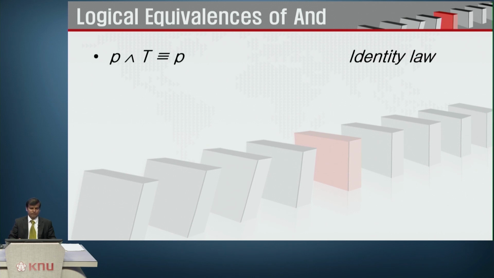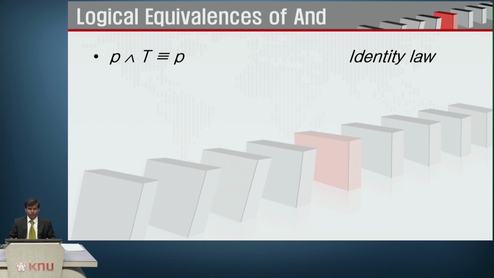Here is more information on logical equivalence of AND. P and tautology is similar to P, because the tautology is always a true value, and what you have to consider is if P is true, then automatically the output is going to be true.